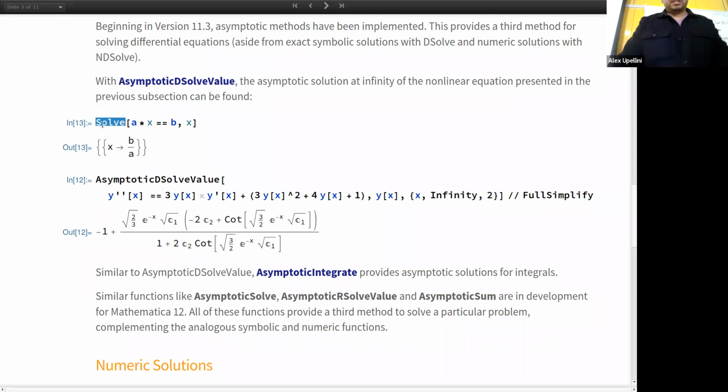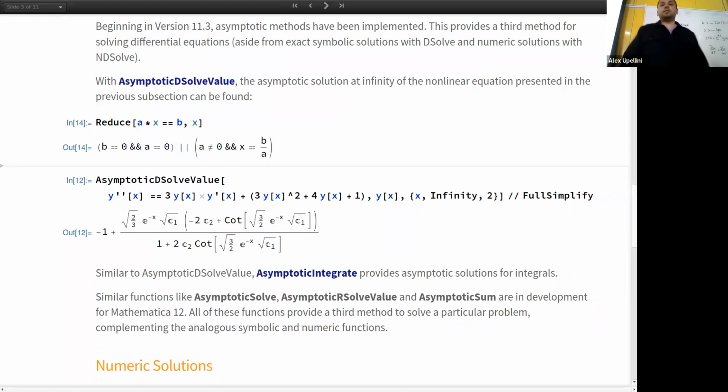There is another function similar to Solve in its syntax, which is Reduce. The difference between Solve and Reduce is that Reduce constructs a logically equivalent expression of the problem you are submitting. So here it says, you asked me about a x equals b. This can be solved if a is 0 and b is 0, in which case you have infinite solutions, or a not 0, and then x is b over a. So you can control these types of things too.